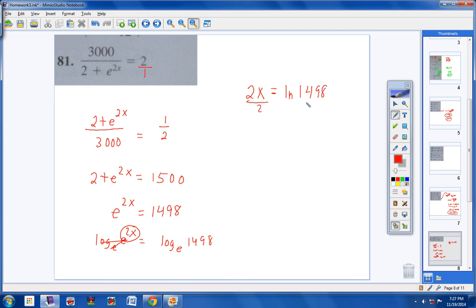Divide by 2, divide by 2. Okay, here we go. The natural log of 1498. Enter, divided by 2, enter, 3.656. Rounded, of course. Okay, let's check that in the back of the book real quick here, and that is correct. Okay, moving on.